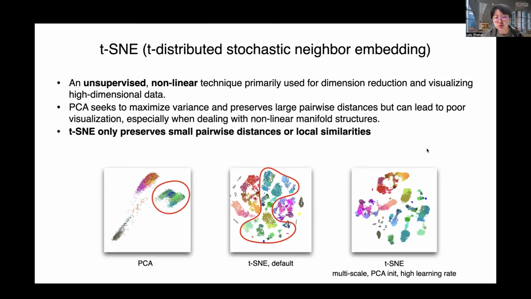For example, if you just use traditional PCA, many very rare cell types will be masked by each other, and you cannot really see the difference and relationship in the gene expression for these cells. t-SNE is an unsupervised nonlinear method that can do better visualization, and it can preserve the small pairwise distances between cells, or the local similarities.